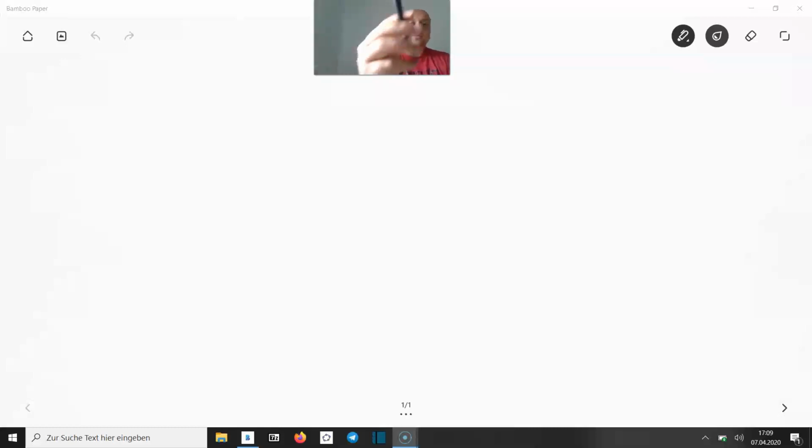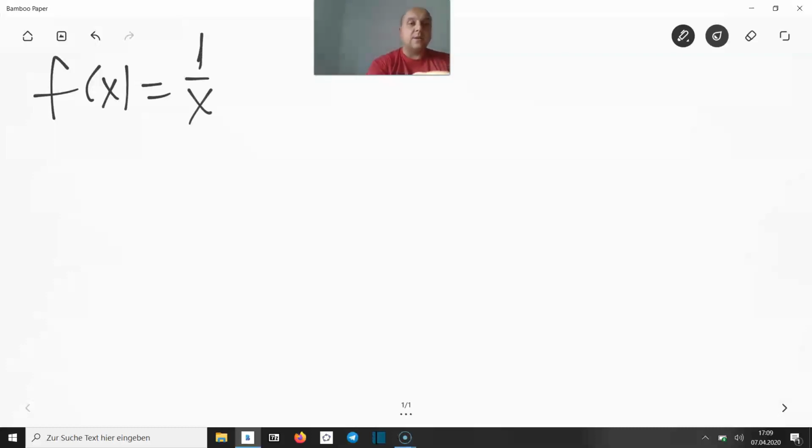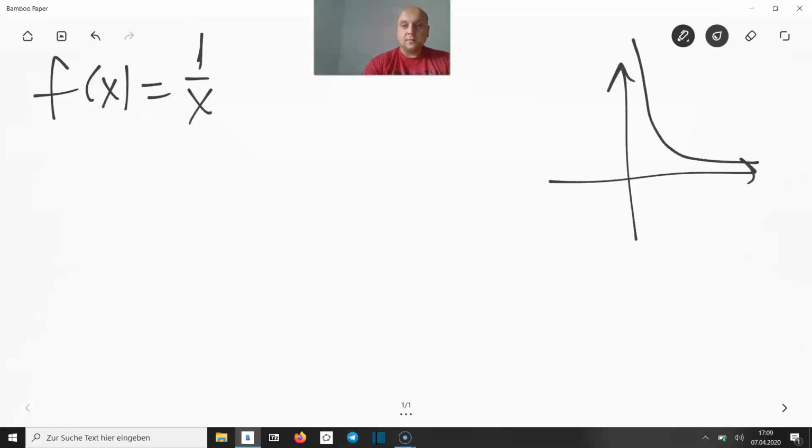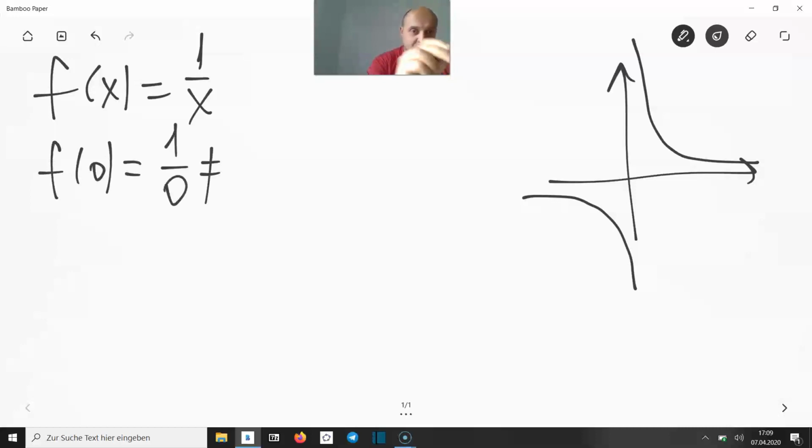So first of all, let's start with f of x being equal to 1 divided by x. Let's consider the graph. We see that the function is broken at 0, and it's really torn apart. So you see it's not possible to compute the value at 0, otherwise we'd be dividing by 0, which is not possible, as you remember.